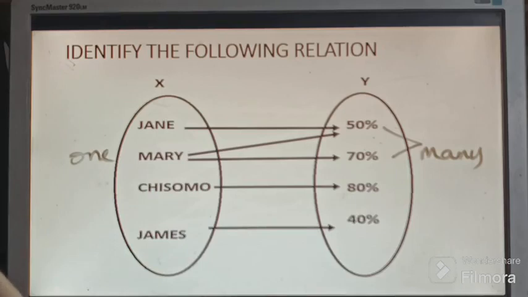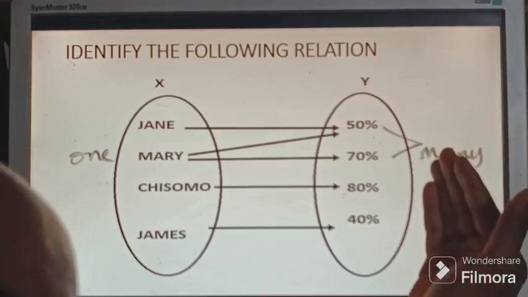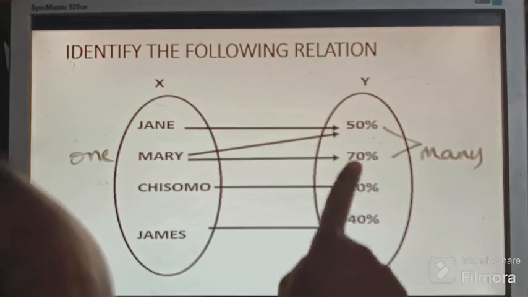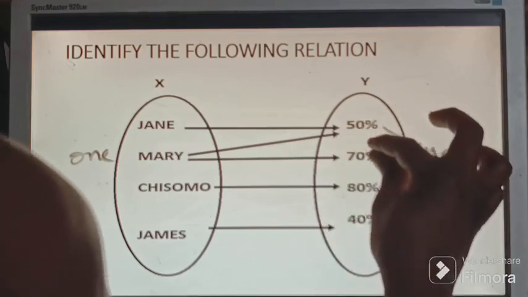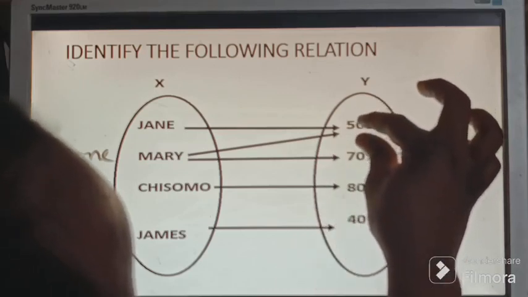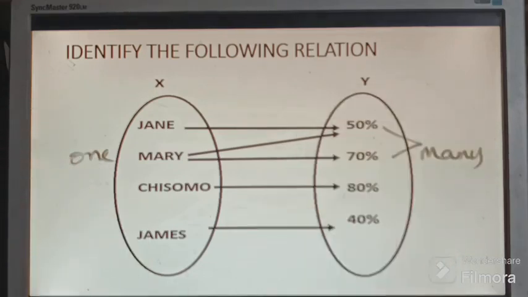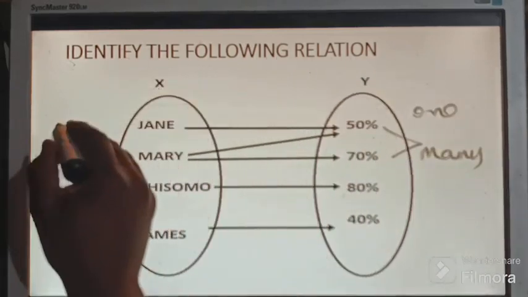But it's not only that. Let's look at it from the point of view of the range now. You can see this one is receiving 1 arrow, this one 1 arrow, this one 1 arrow, but this one is receiving 2 arrows. So one element there is receiving many arrows.